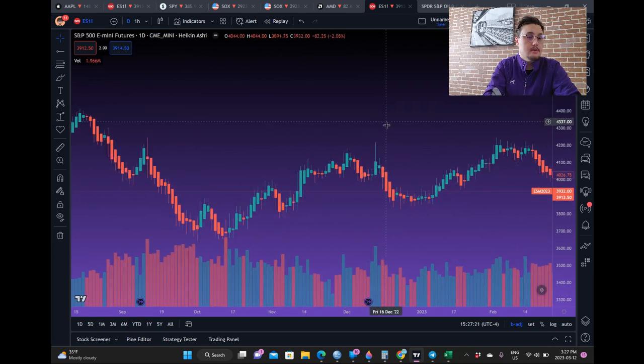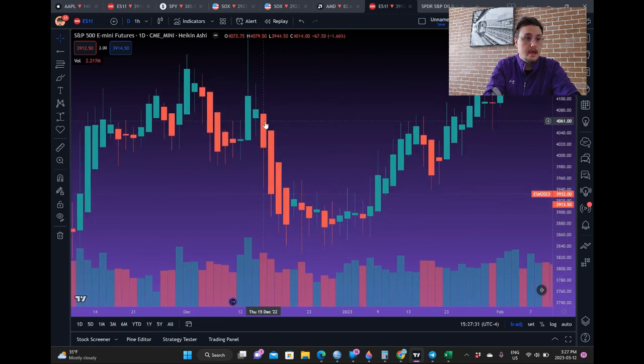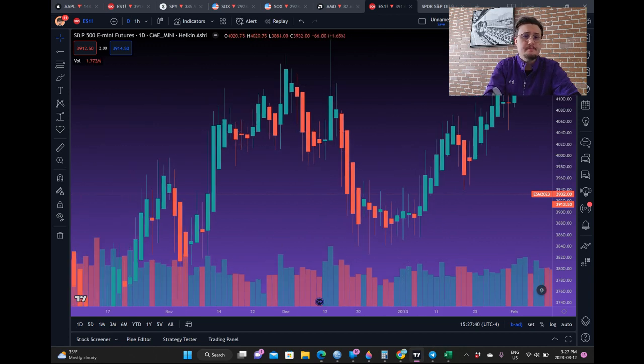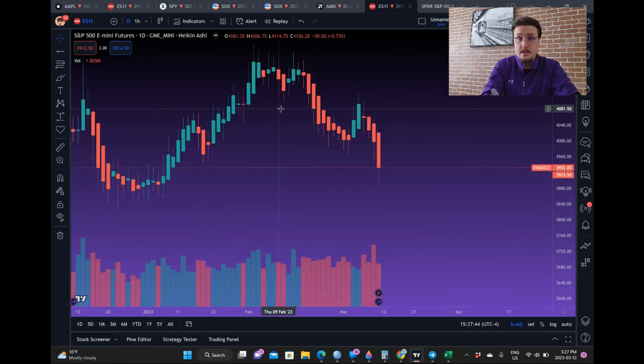So if you look at the chart, we see this is the start of an uptrend, right? Because we have two flat bottom bullish candles. And this is the start of a downtrend because we have two flat top bearish candles, okay? So we have to remember that.